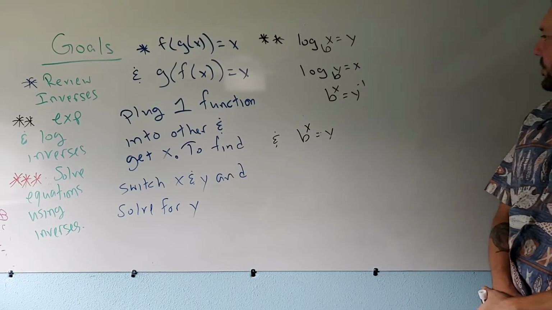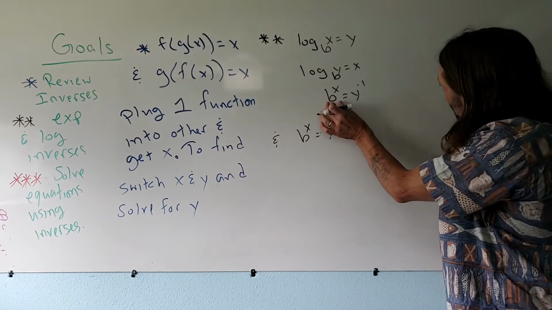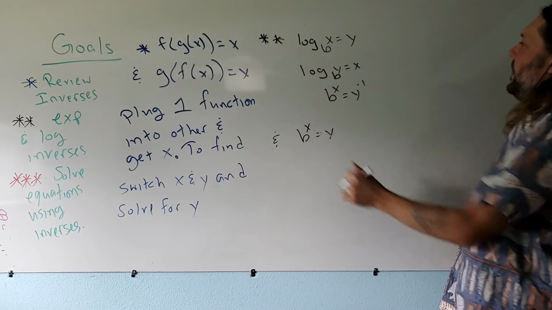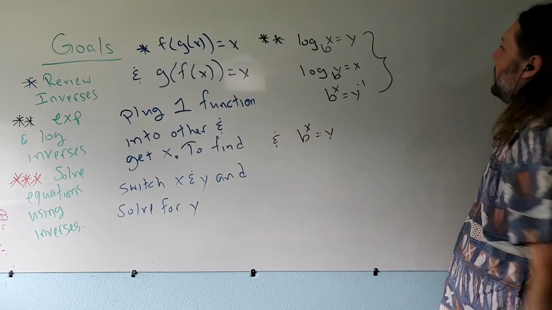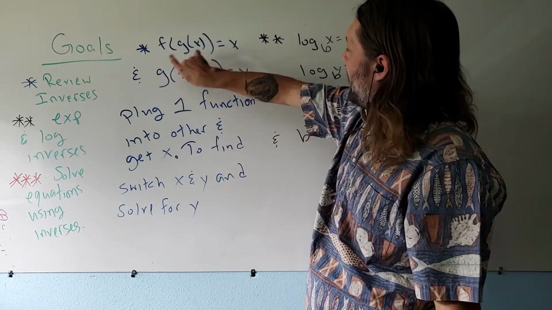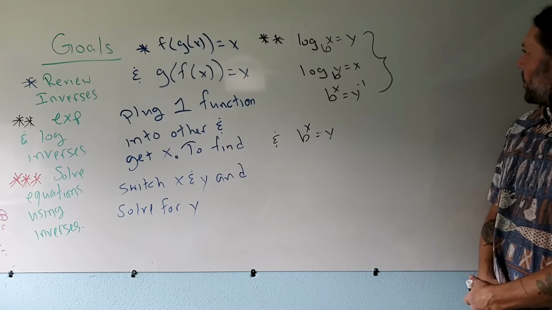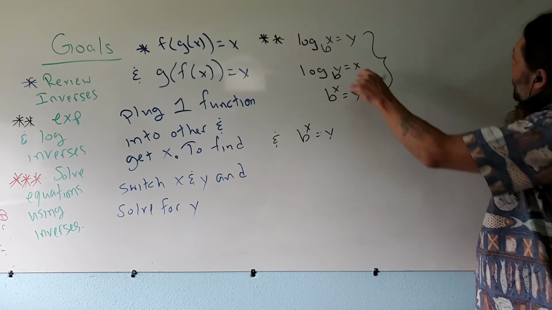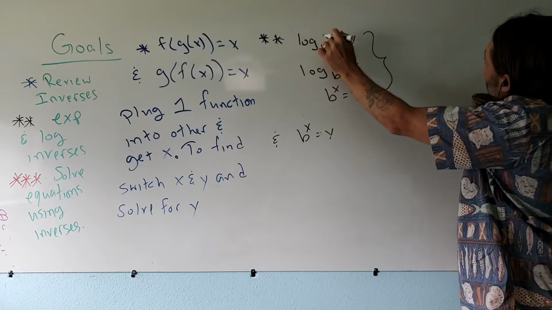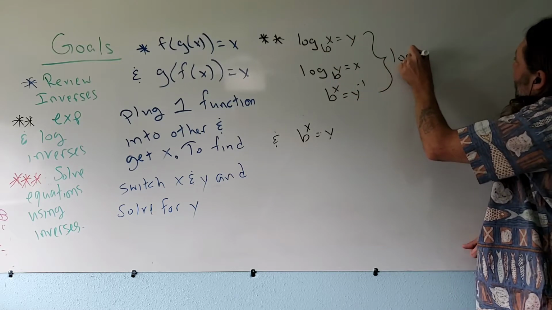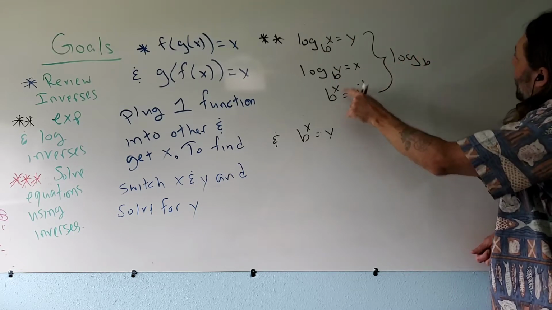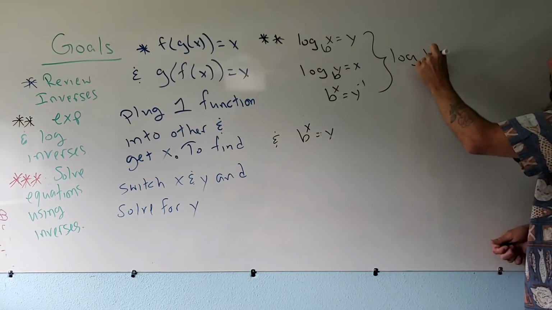And if I was to plug this in for my x, which I will do, just like I plugged that function in for that x, I should get x back. Alright, so let's see here. So I'm going to take this and replace that x. So now I get log base b, and I'm replacing that x with b to the x.